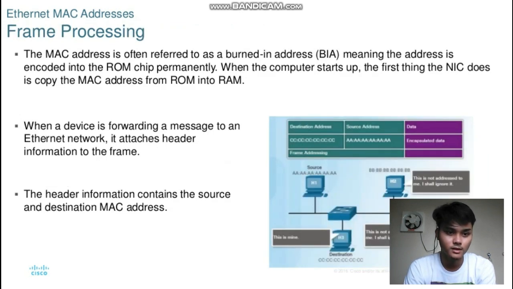For frame processing, the MAC address is often referred to as the burned-in address, BIA, meaning the address is encoded into a ROM chip permanently. When the computer starts up, the first thing the NIC does is copy the MAC address from the ROM into RAM.